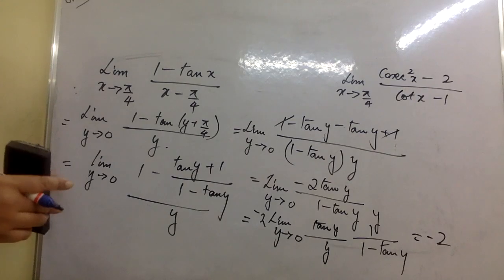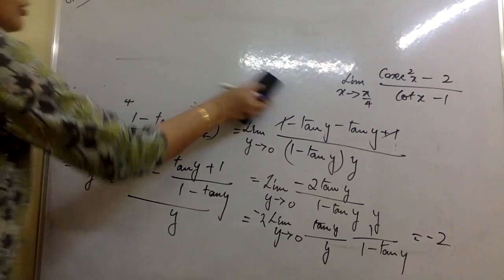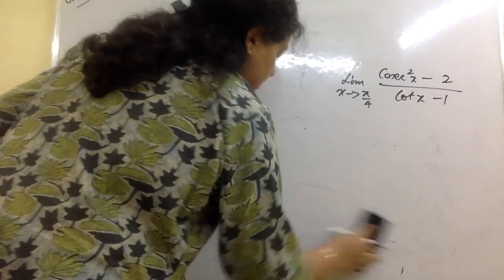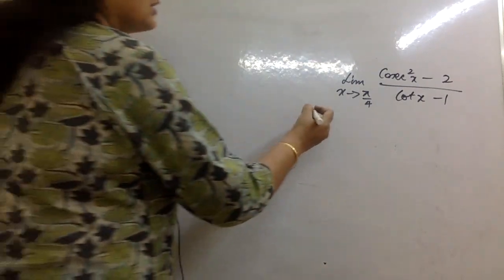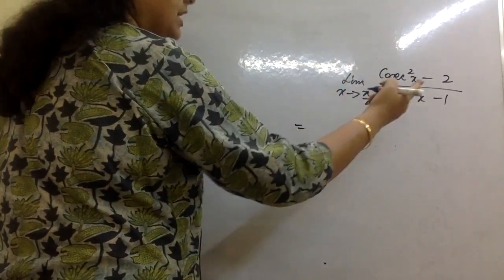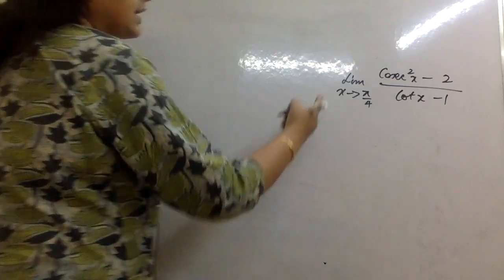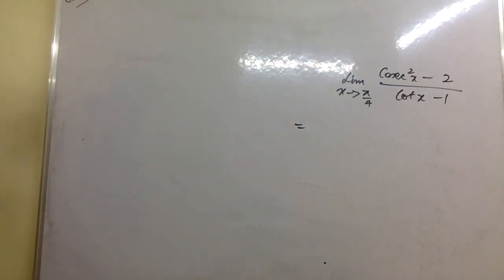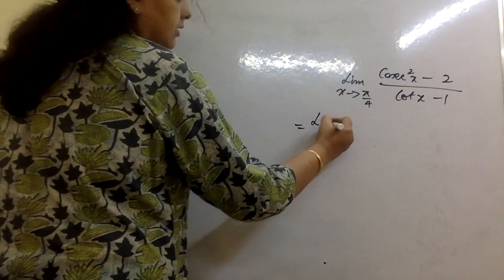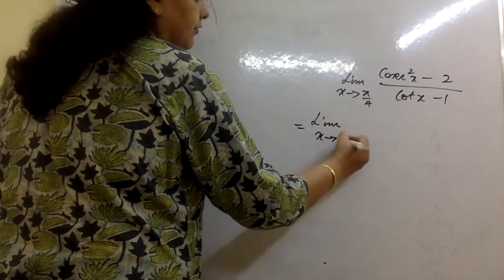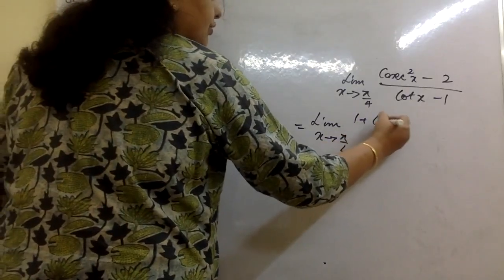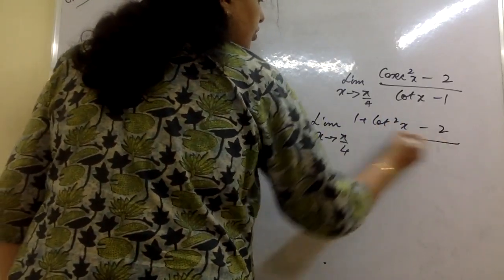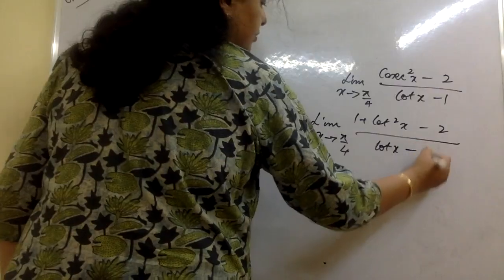Let's see the next question, which looks difficult, but it is not. It's very easy. So you all should not leave this question in the exam. Here cosec square x minus 2, over cot x minus 1, where x tends to pi by 4 again. Here limit x tends to pi by 4, and cosec square x is 1 plus cot square x, minus 2, and cot x minus 1.